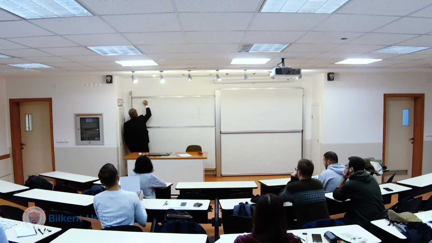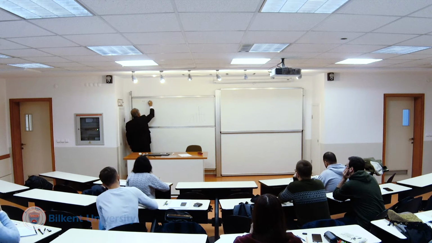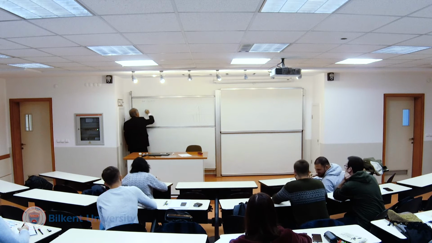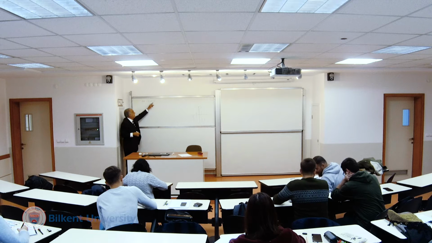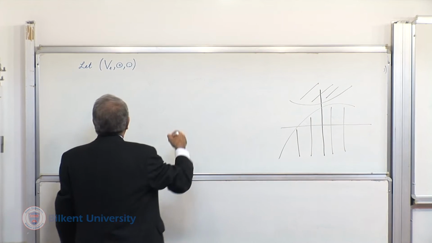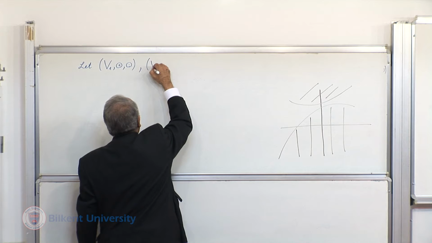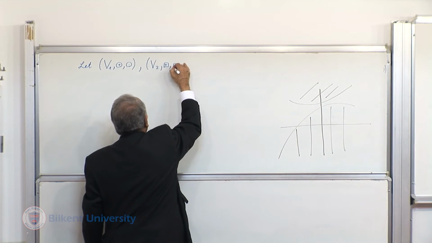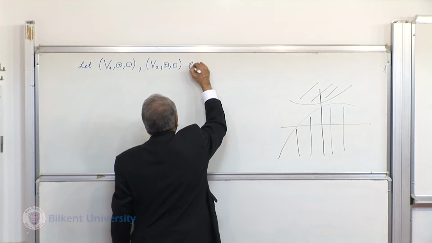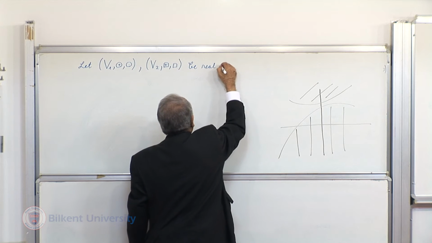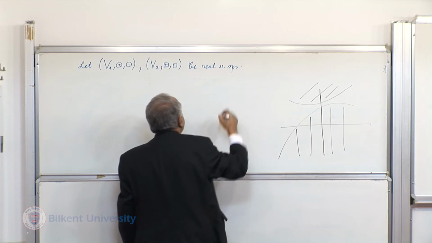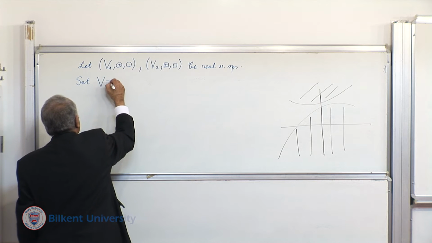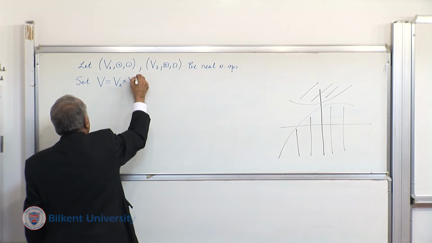Now let V1 with the operations plus and dot, addition, vector addition, and scalar multiplication, and V2, again with two operations, be real vector spaces. Now set V equal to V1 cross V2.